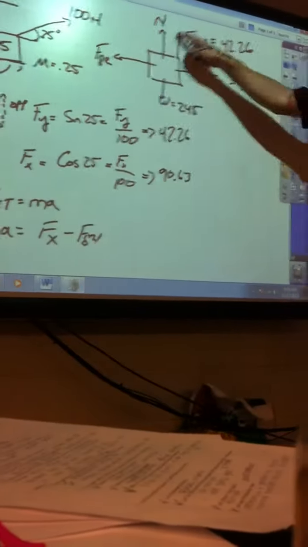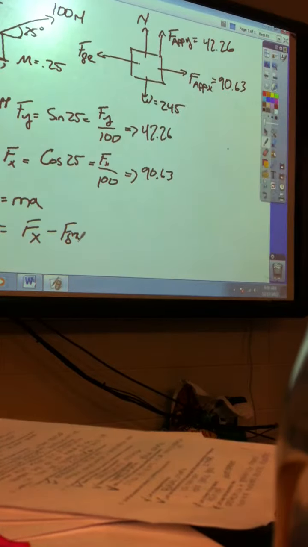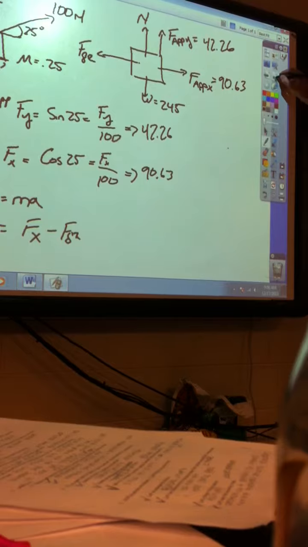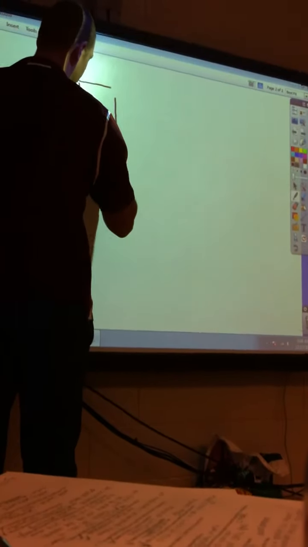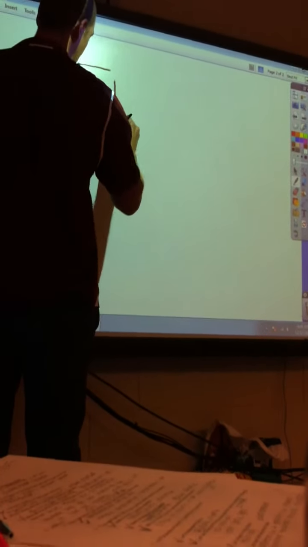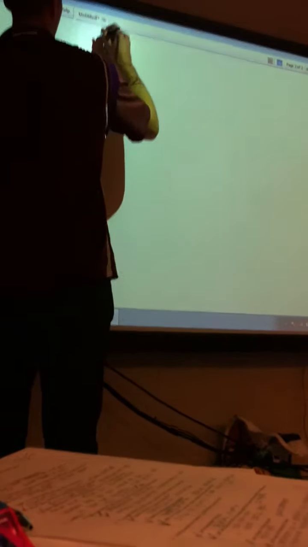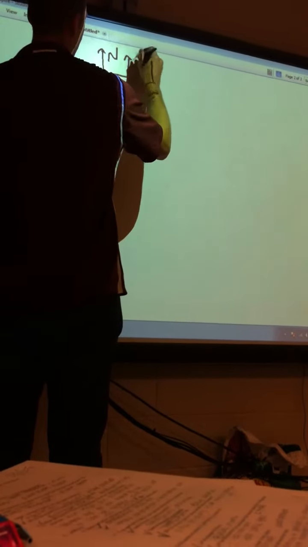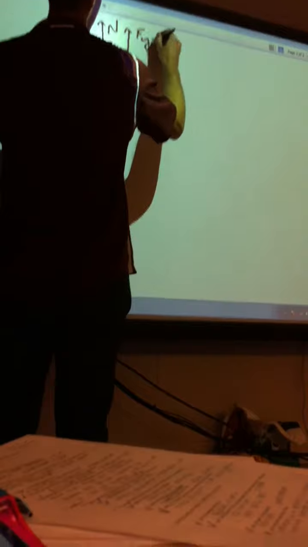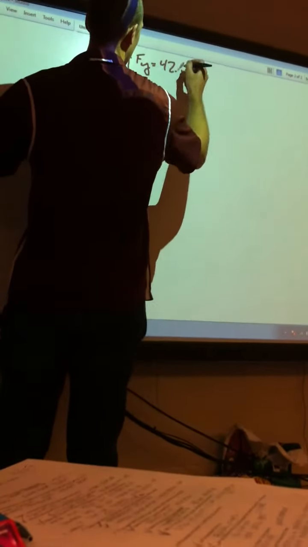Friction, we have to deal with everything that goes in the y direction, right? So let me get a different picture here. Let's just deal with the y direction only. Our weight was 245. We had a normal, and we have a force in the y of 42.26.